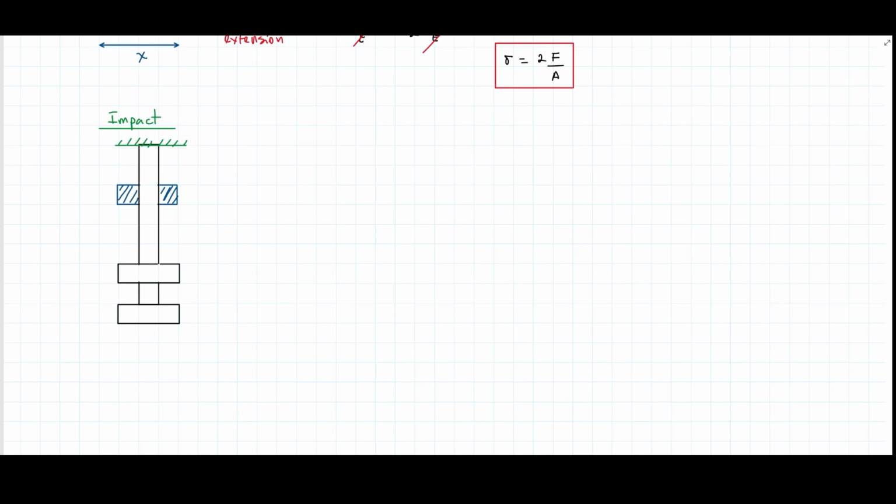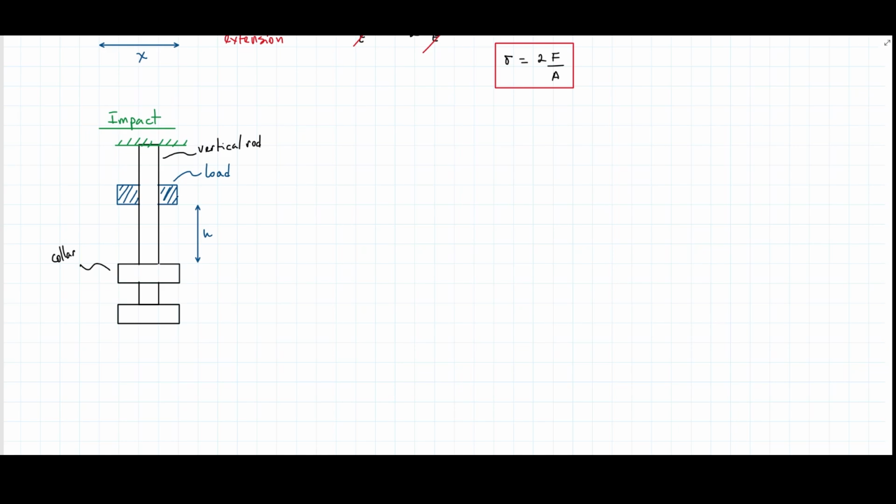And this is a load. To give it a proper name, this is a vertical rod. This rod is located at a distance h from this part here, and this part here, I'm going to call it collar.